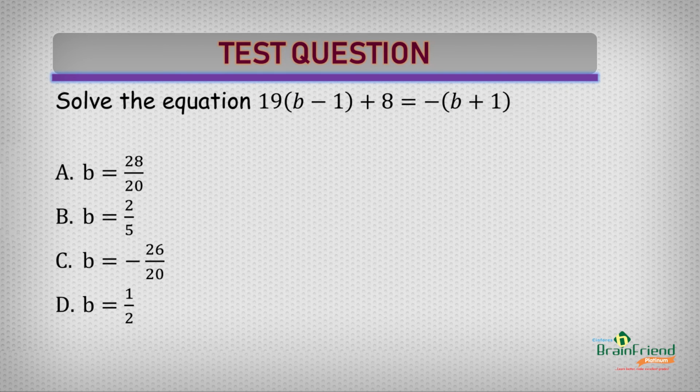Option B, b is equal to 2 over 5. Option C, b is equal to minus 26 over 20. Option D, b is equal to 1 over 2. Our correct answer is option D, b is equal to 1 over 2.